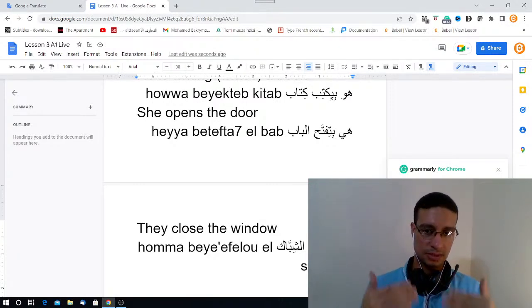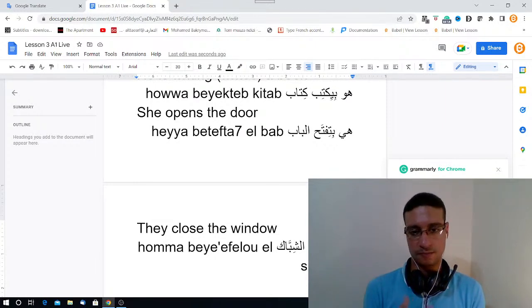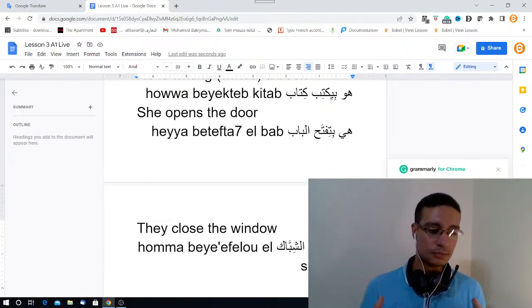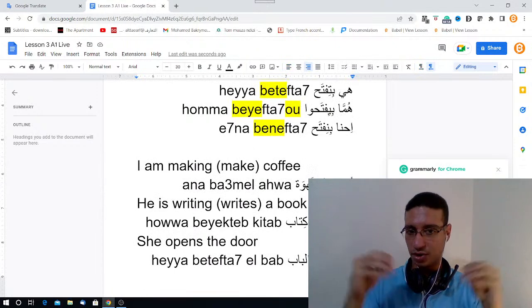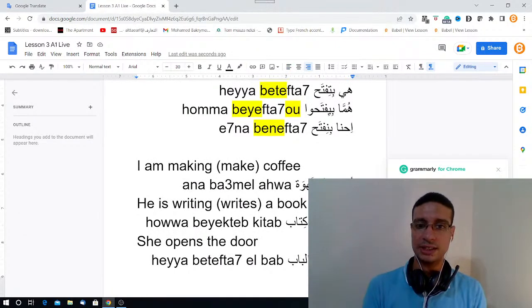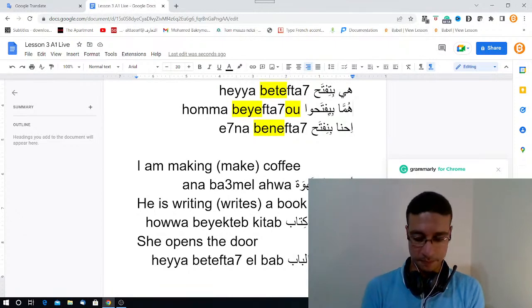So these are some sentences in the present tense, and as you see in Arabic we can use this tense also like present continuous, something you're doing right now, or something that you do regularly.